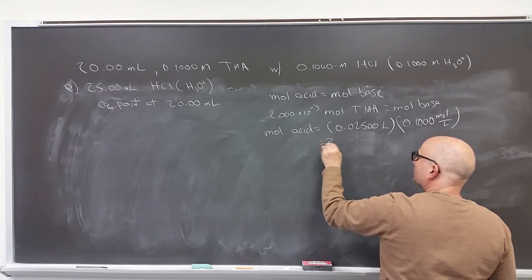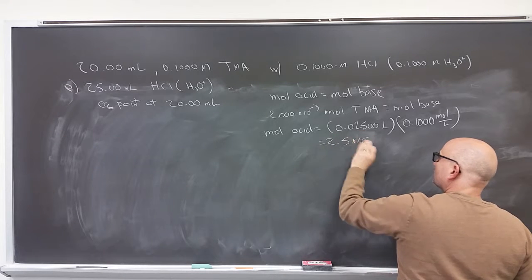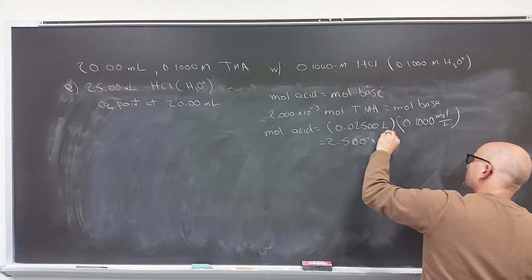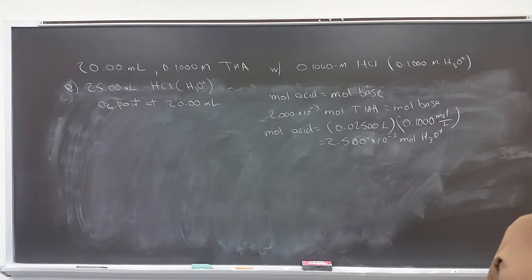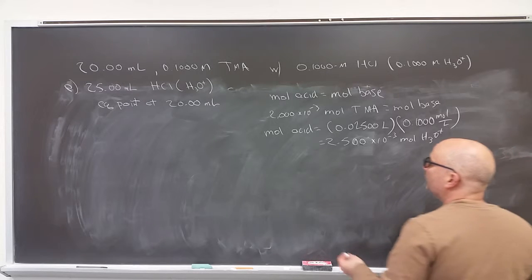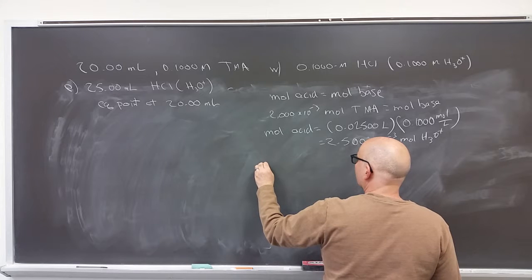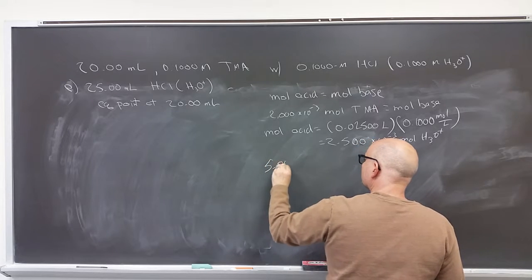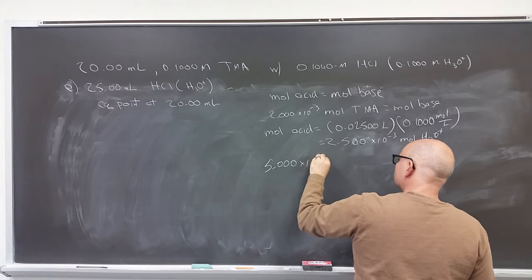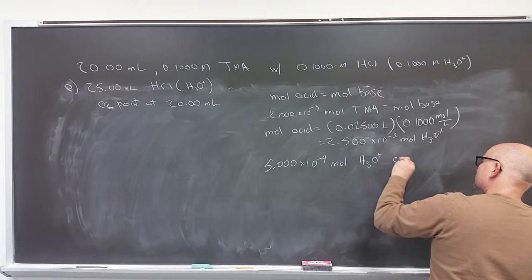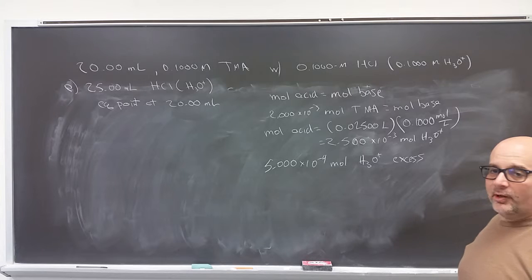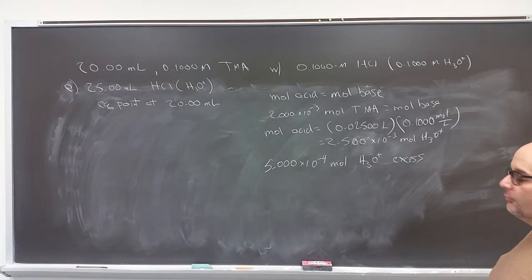So this means at this point we have added 2.5 times 10 to the negative 3, or 2.5 millimoles of hydronium, which means we have an excess 5 times 10 to the negative 4, or half millimole of the hydronium floating around in there, and that's going to determine the solution pH.